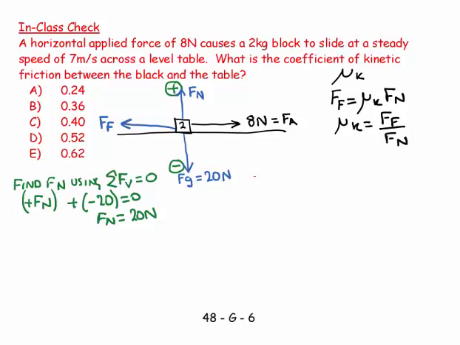And then I can say, find Ff using, I want to ignore my Fn, and so I draw a line horizontally.